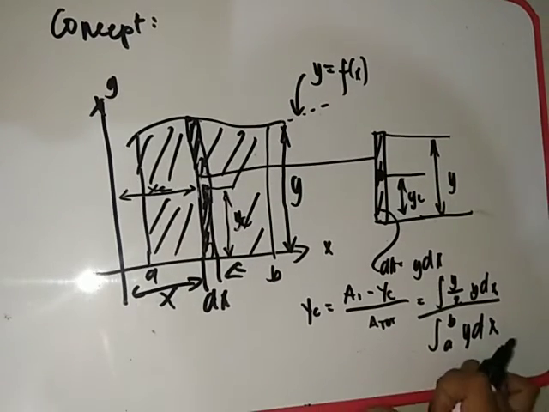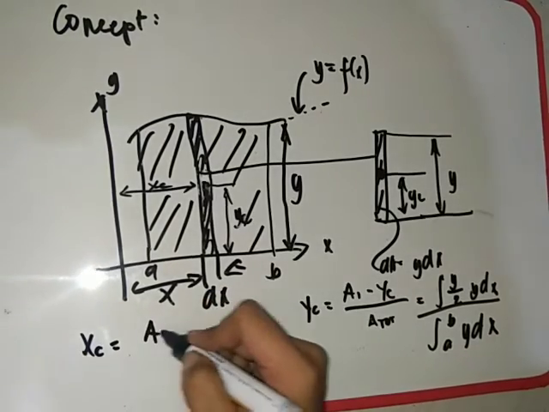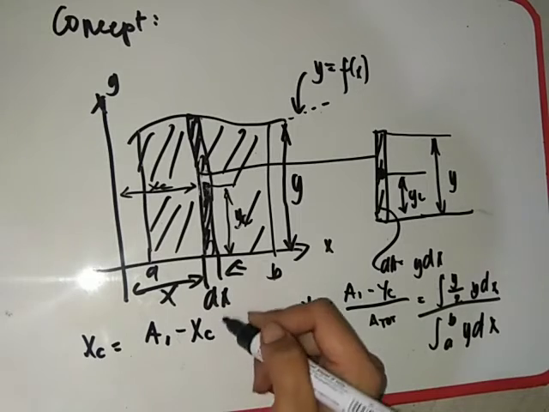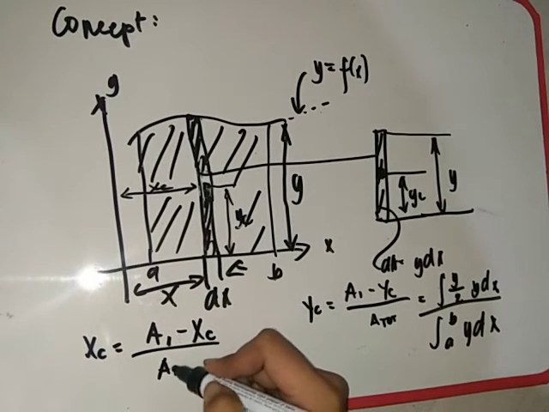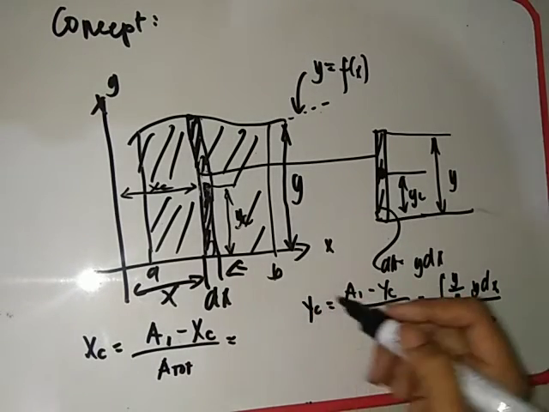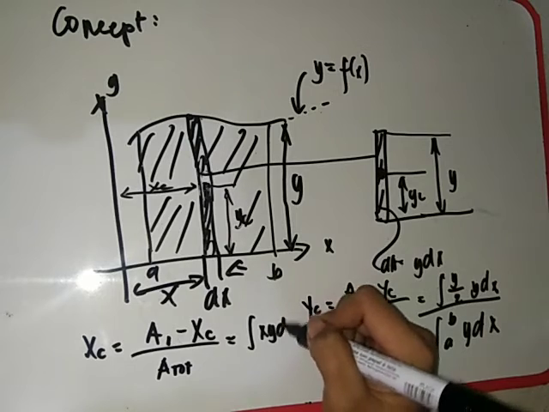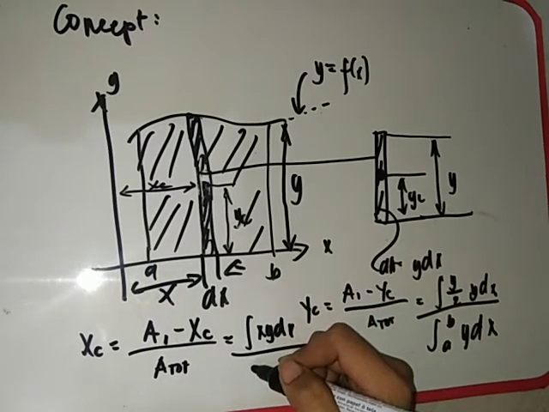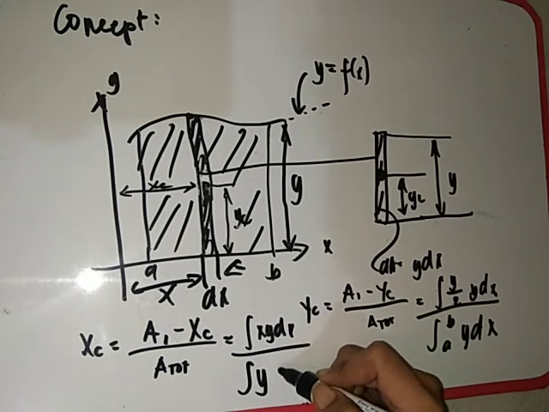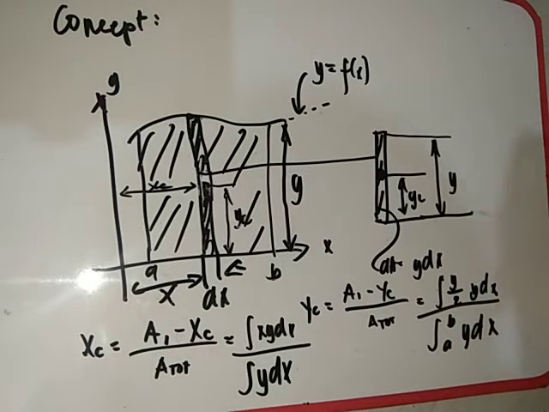So for x bar, we will write it here, x bar is equal to the area times XC over the area total, which is equal to the integral of x y dx over integration of y dx. So let's have an example.